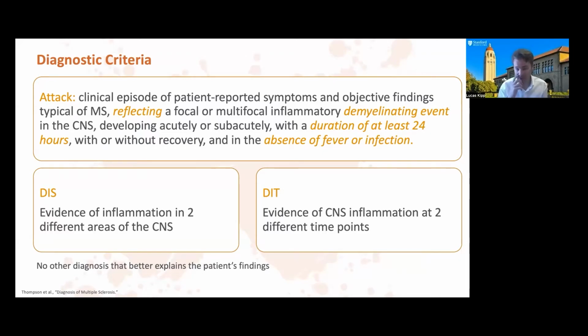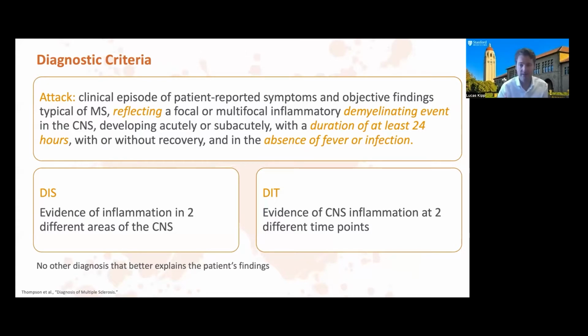And the reason for that second part is because, as I mentioned, some people have one attack of demyelination, and it can be very typical optic neuritis, very typical transverse myelitis, and they may never go on to have another event. And those are not the people that you want to sign up for lifelong immune suppressing therapy. So the whole point of our diagnostic criteria is that it's trying to identify those people that are at risk for this inflammation to continue and keep causing ongoing damage.